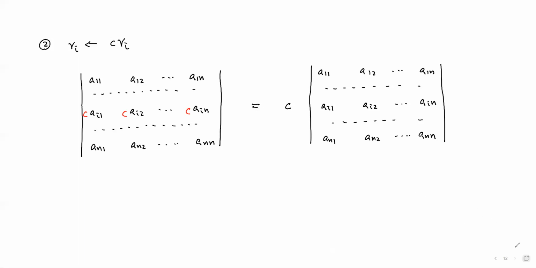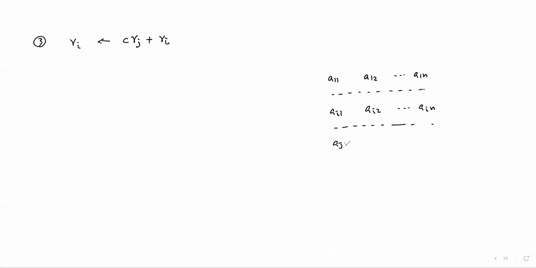Now the third operation: some number times some row added to row I. Here the determinant has A11, A12, A1J, row I: AI1, AI2, AIN, row J: AJ1, AJ2, AJN.